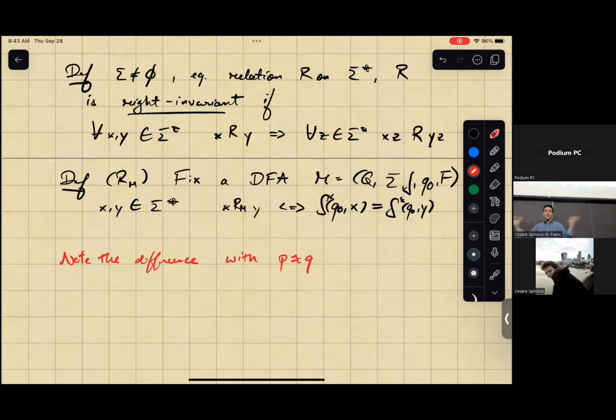So it related states together. So that's the first difference. This other relation here is on strings, but this one is on states. Well, that's the major difference, really. This was a relation on states of a machine.